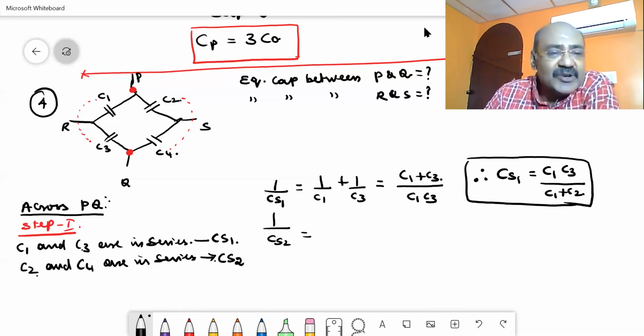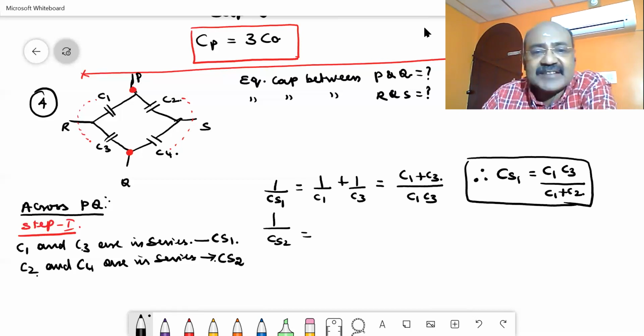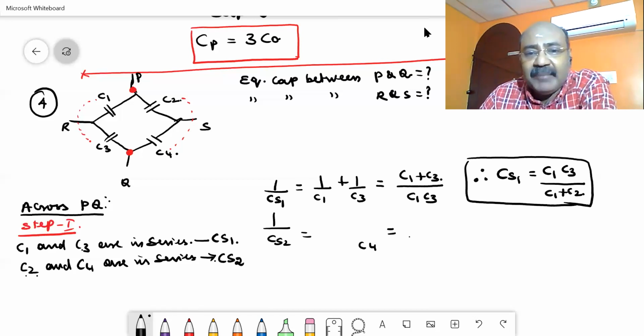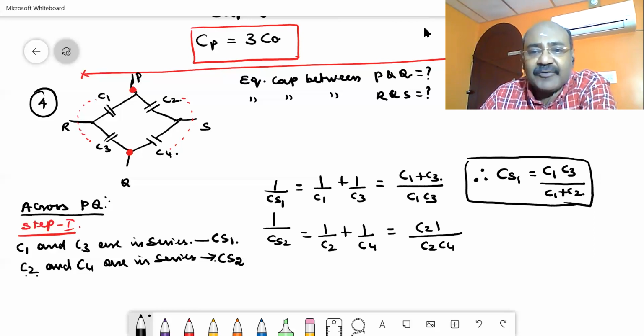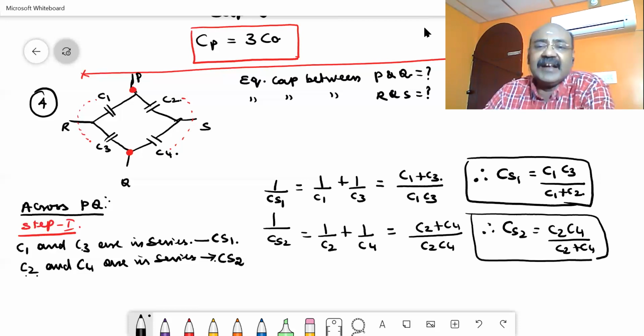C2 and C4 are in series, so 1 by C2 plus 1 divided by C4 is equal to, by taking LCM, C2 plus C4 over C2 into C4. Therefore, taking reciprocal, CS2 is equal to C2 into C4 divided by C2 plus C4. So we are considering these as CS1 and CS2.